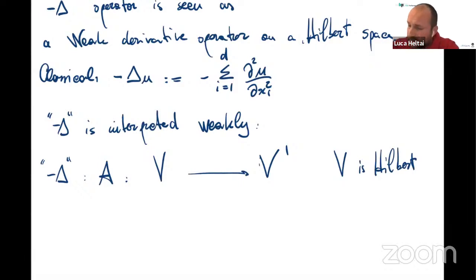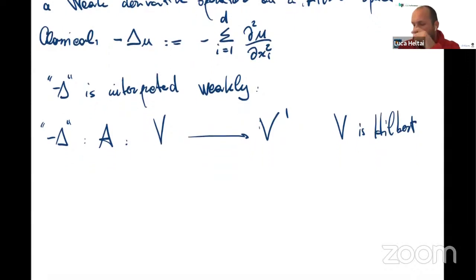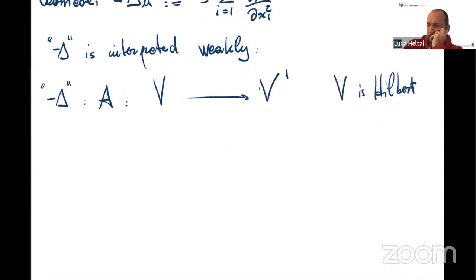Now, writing this with the second weak derivative has several effects. The first effect is that you can actually see the problem as a variational problem. And the simplest way to proceed in this particular case is with the notation that I've written here.